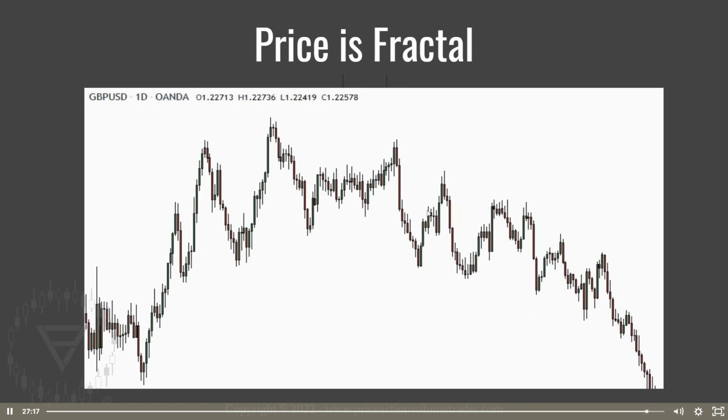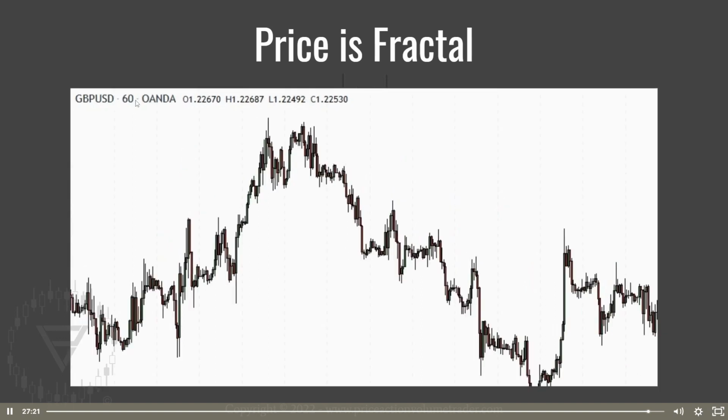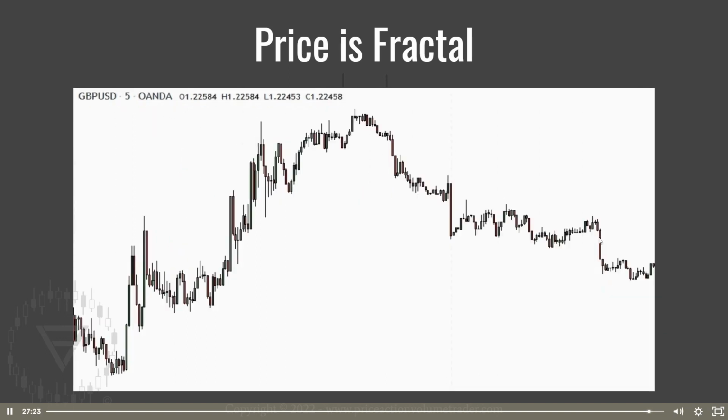We can identify trends, we can identify swing points, etc. on all these different time frames. So the concept that price is fractal basically means that we can observe similar behaviors and patterns no matter what time frame or what market we are using.